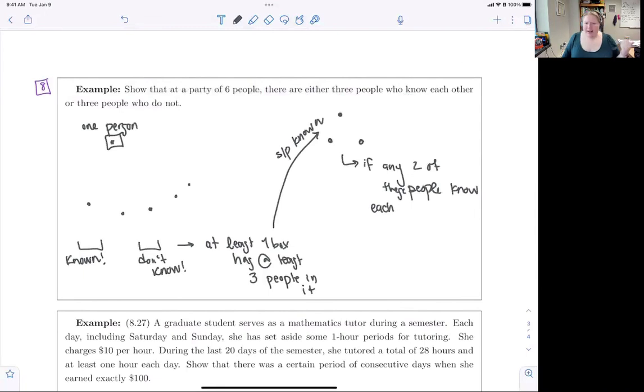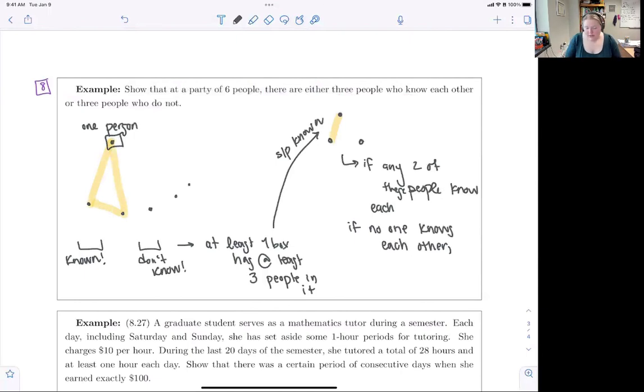So they say, okay, yeah, I know this person. If any two of these people know each other, great, we've got our set of three, right? These people know each other and they both know this person, we've got our set of three, we're good to go. If no one knows each other, great, we've got our set of three people that don't know each other. So in any of these cases, you'll find that this will work.